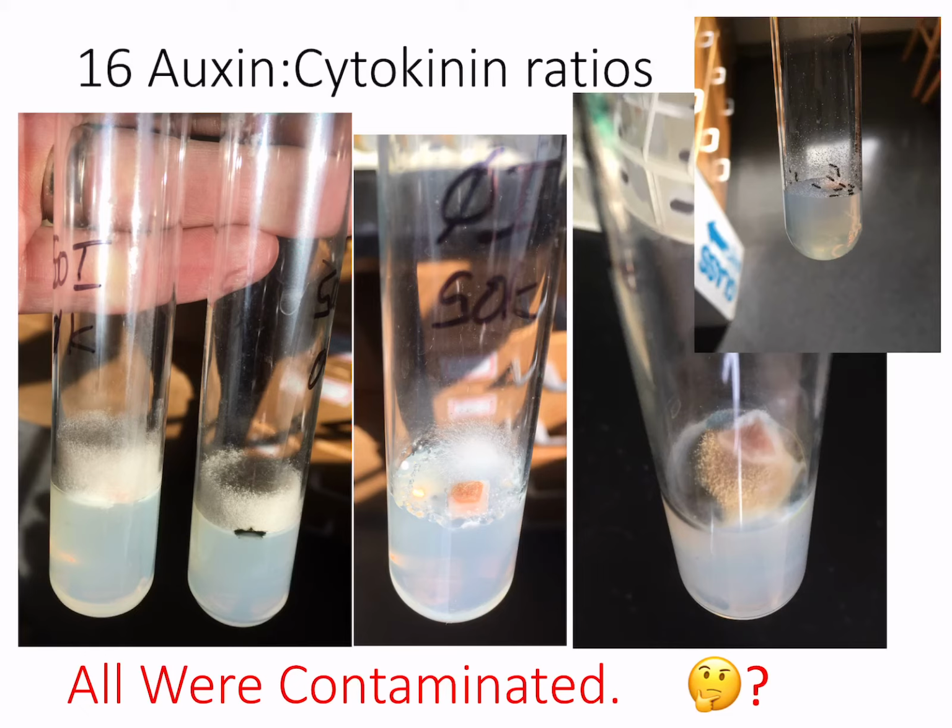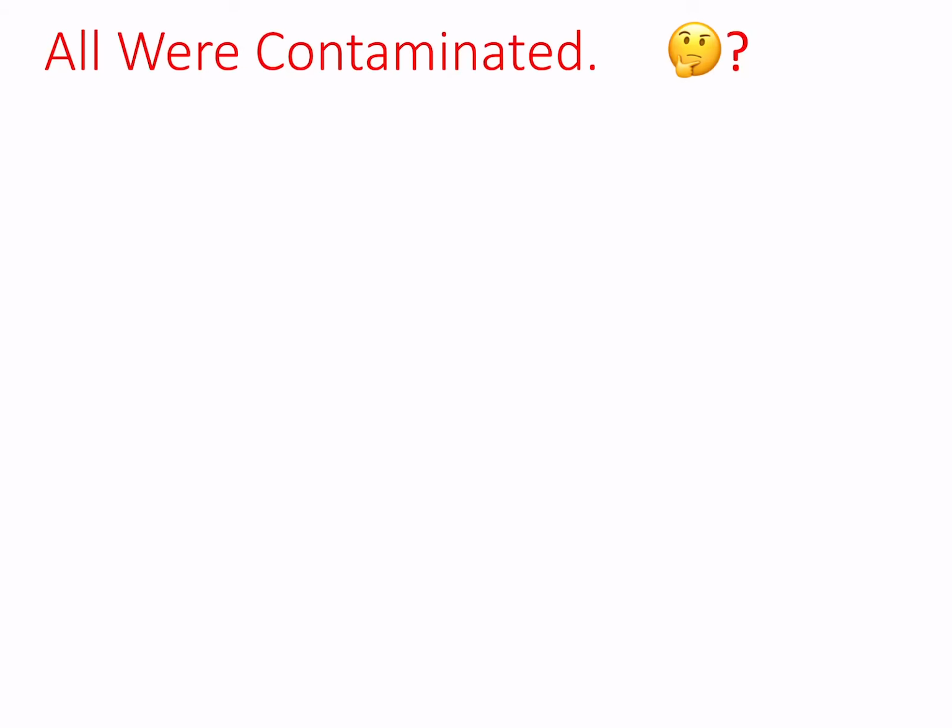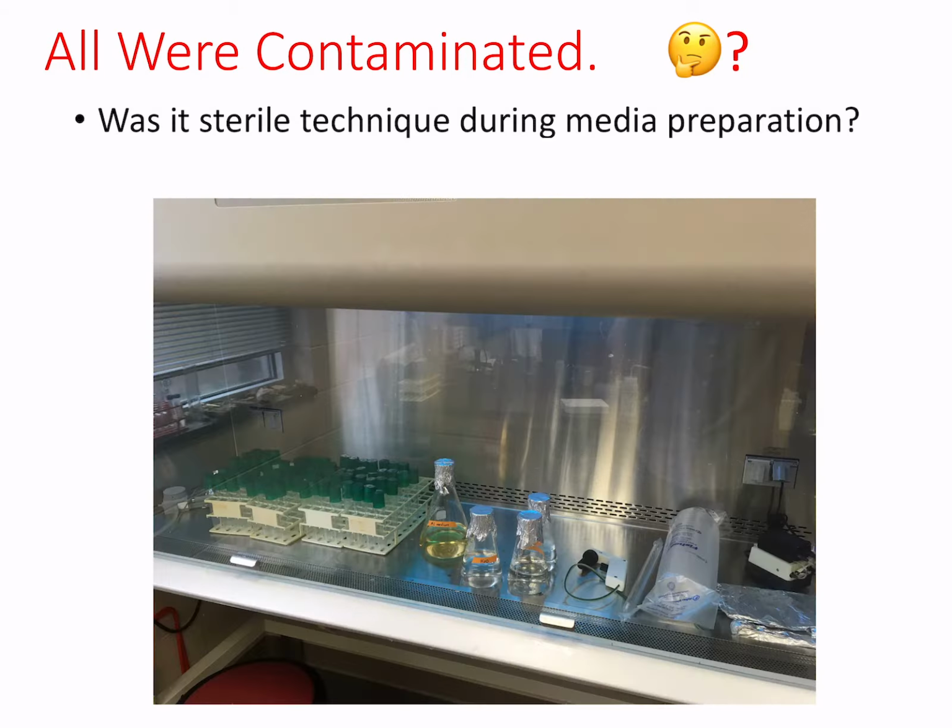In an experiment like this, the reason for the failure had nothing to do with a dependent or independent variable that you were testing or using as a control. It really is just about technique. So we need to review the technique and see if we can come up with reasonable answers for why we had contamination.